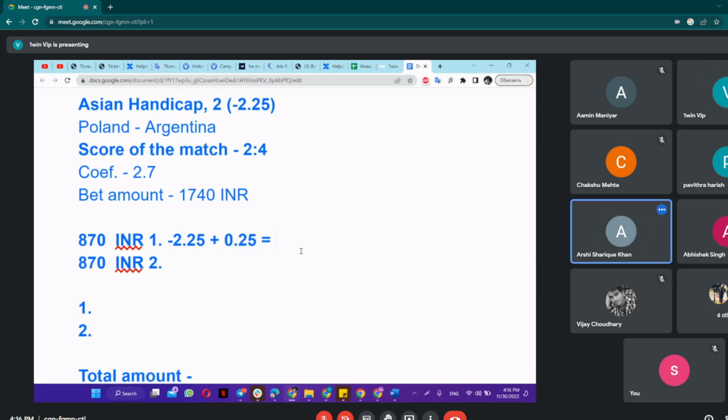equals to minus 2, and the second one minus 2.25 minus 0.25 equals minus 2.5.